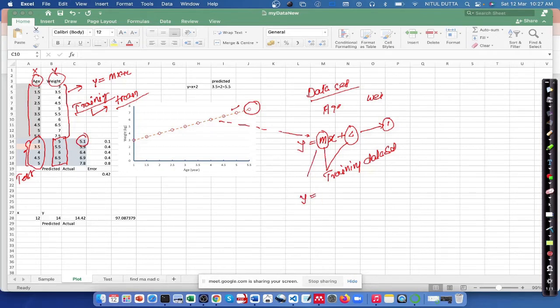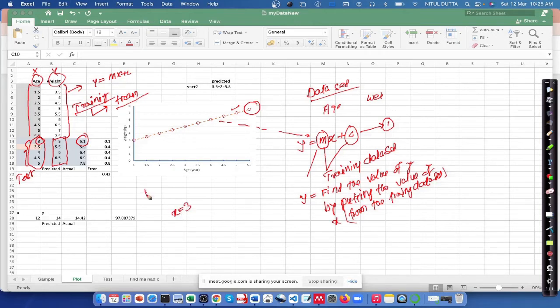That is, we find the value of y by putting the value of x. What does this mean? We take the value of x equals to 3, and we have found out the value of m.